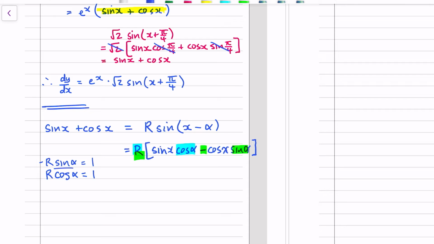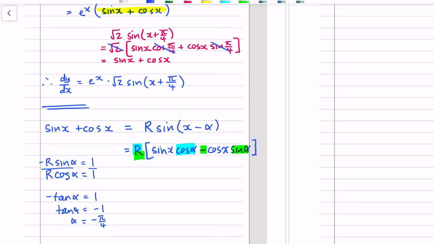And if I divide these equations, it gives me negative tan alpha equals 1, or tan alpha equals negative 1. So if I take the tan inverse of negative 1, it gives me minus pi over 4. Okay, there are multiple solutions to this, but I actually want that one. Alpha is minus pi over 4.